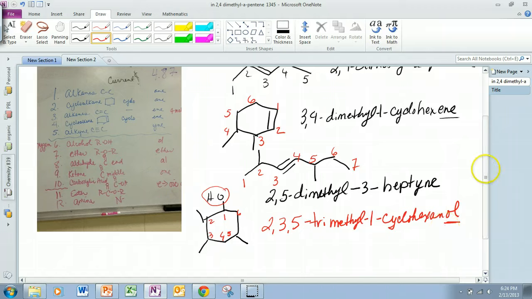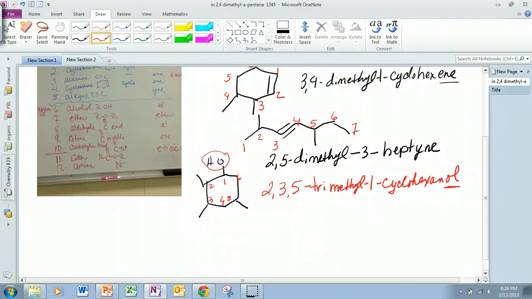So let's do an ether. An ether has an oxygen in our longest chain. And it doesn't matter how long I make these. This one's 1, 2, 3 carbons. This one's 1, 2, 3, 4 carbons.